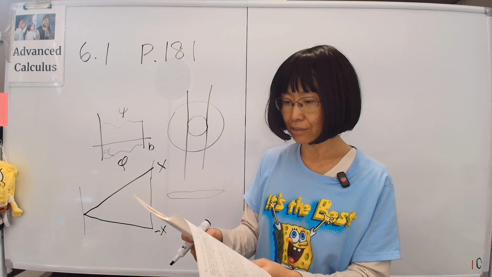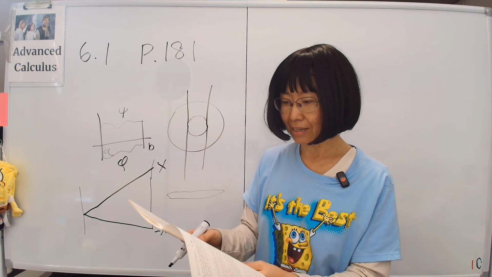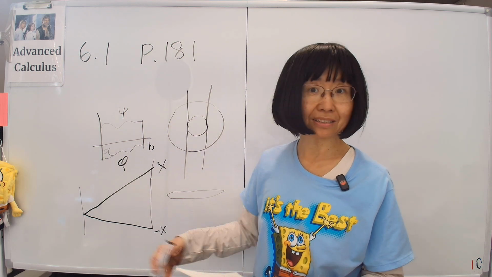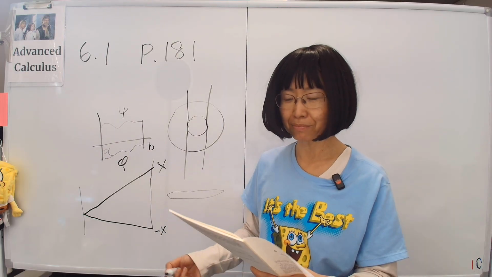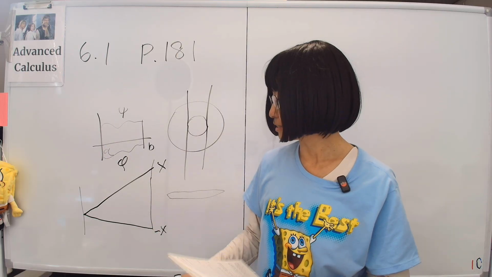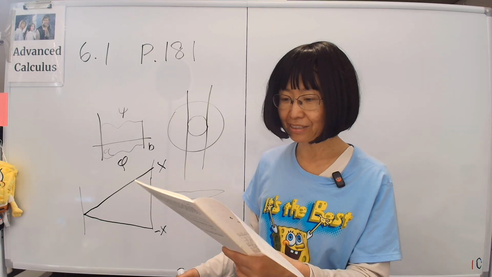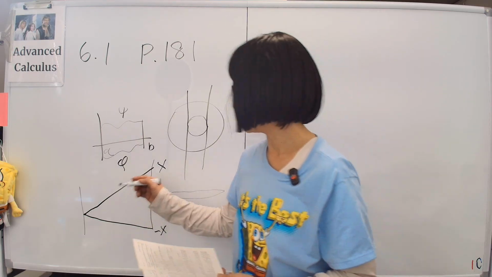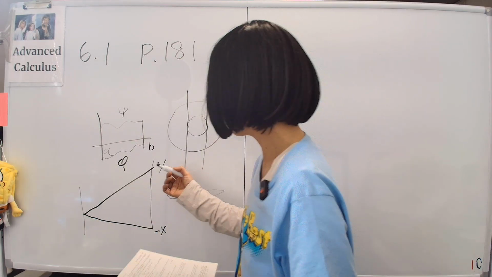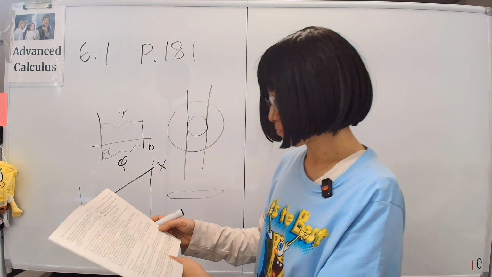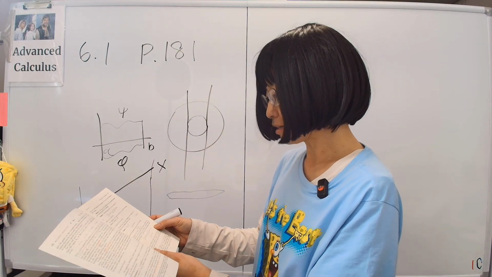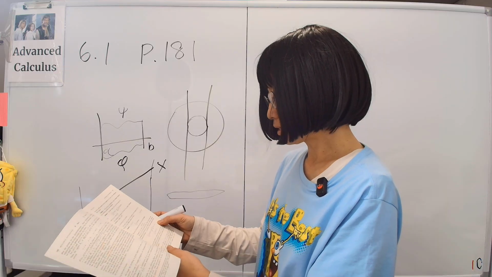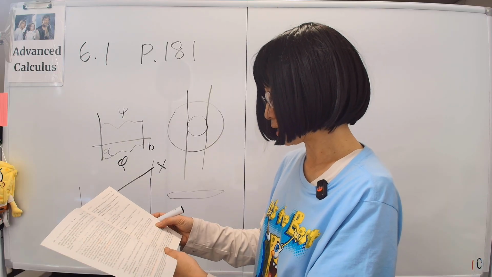We're going to choose subregions and calculate this by brute force, because we haven't defined how to calculate this limit yet. But since it's fairly simple, we're going to do it in a cute, interesting way, just for the fun of it. Our Sk is a strip of width delta x. What is the area then?